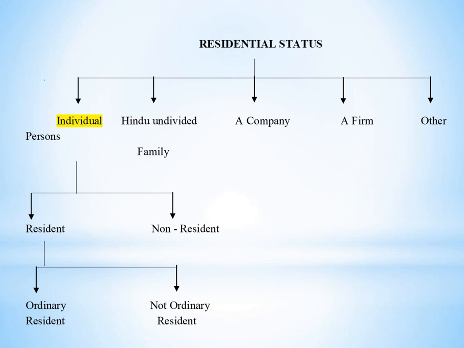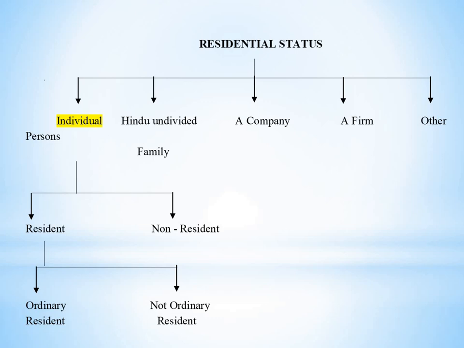Once he fulfills the conditions given by the income tax department, he is known as a resident. If he is a resident, then we have to find out whether he is an ordinary resident or not ordinary resident with the conditions. If he doesn't satisfy any of the conditions given by the income tax department, he is a non-resident.